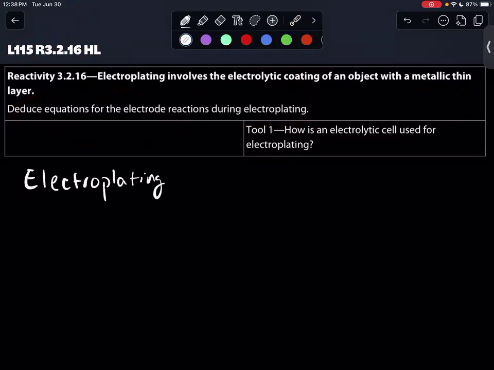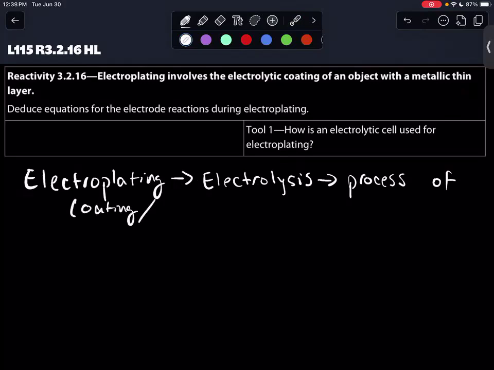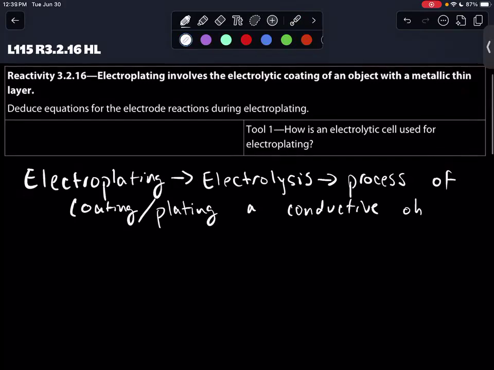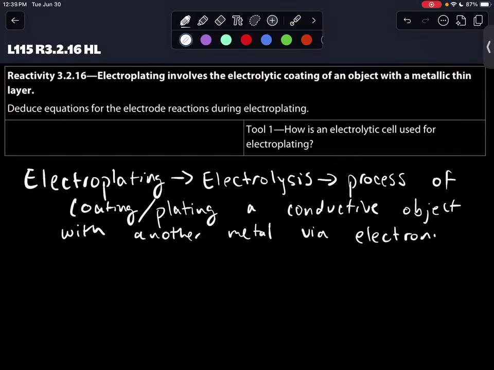Like I said, it's an application of electrolysis and is the process of coating or plating, where it gets the name from, a conductive object with another metal, and this happens via electronic or electric deposition.